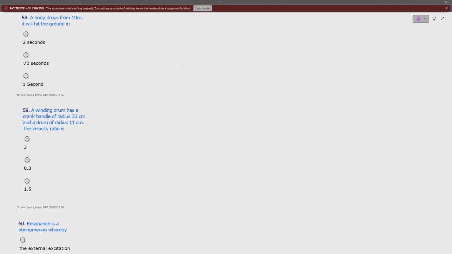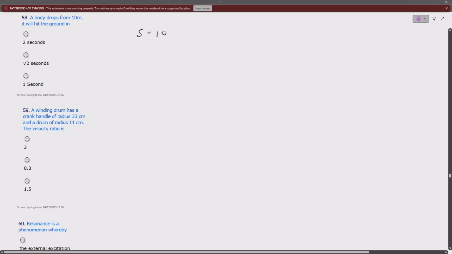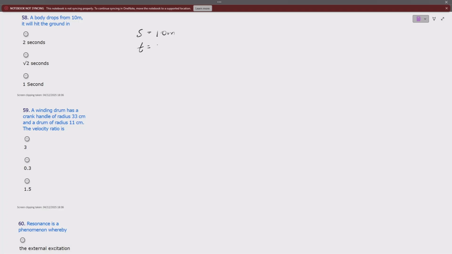So you have the distance s equals 10 meters. Time is not given. We're looking for time. We assume acceleration equals 10 meters per second squared. Initial velocity equals 0 meters per second because it was dropped from a height.